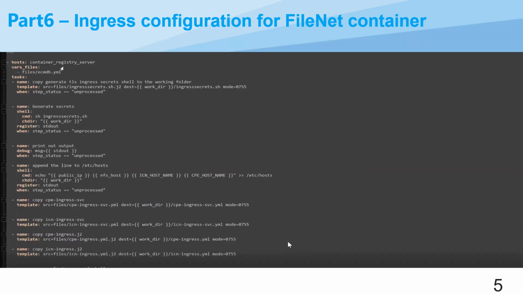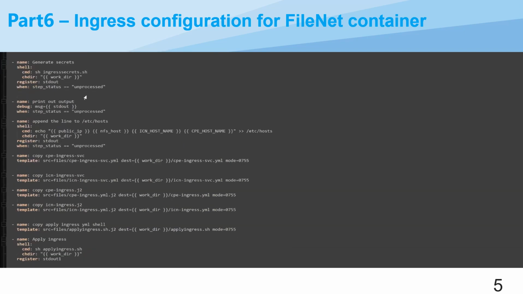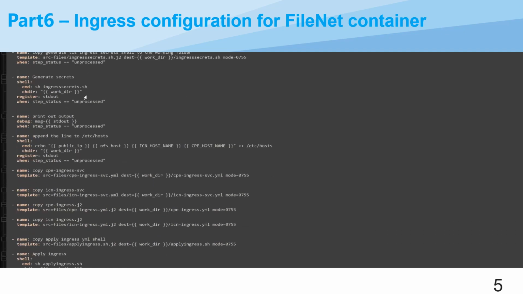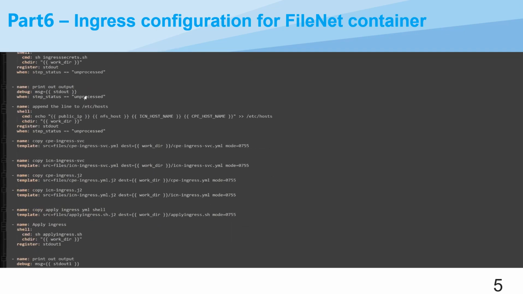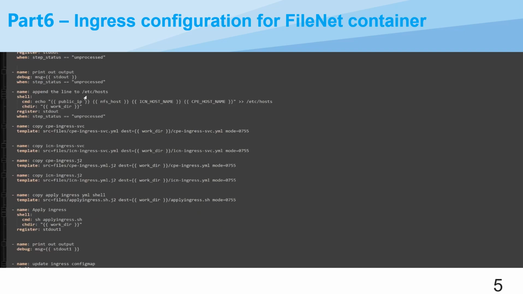For the NGX resource YAML template, we are using this and then copy it to that working directory. And also for the Ingress SVC, but the Ingress SVC is not changed very much. Okay, and then we apply those YAMLs.